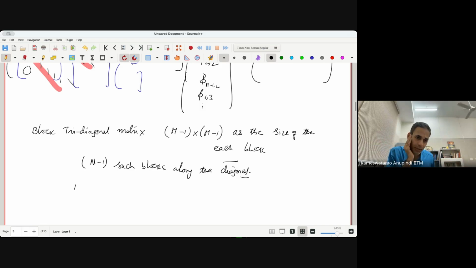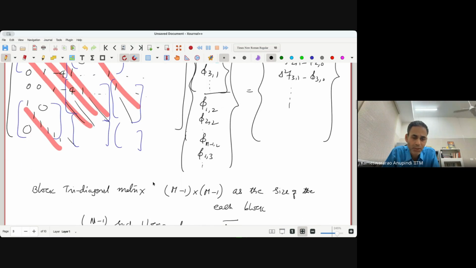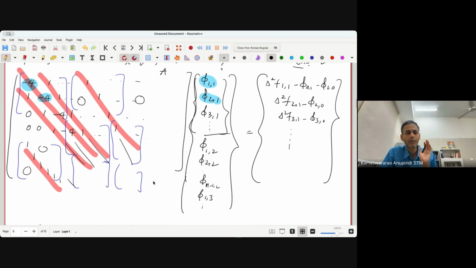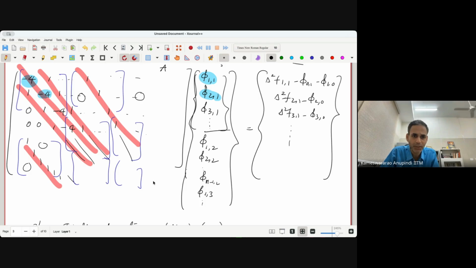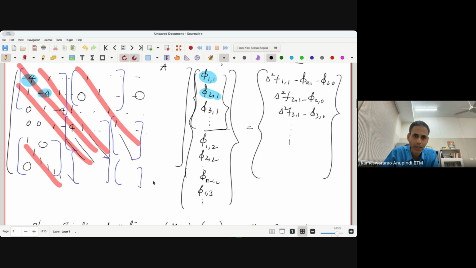That will be the size of the matrix, because our unknowns are (m-1) times (n-1). So square of that is our size of the matrix. Okay. So this is your block tridiagonal matrix. We have already learned how to solve block tridiagonal matrices in the first chapter, on the solution to systems of linear algebraic equations. So this is the application.